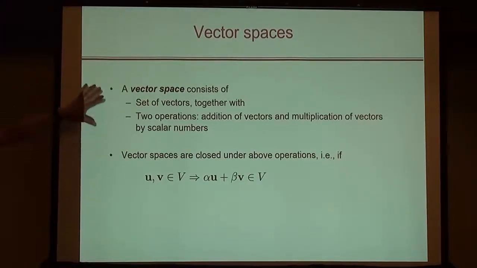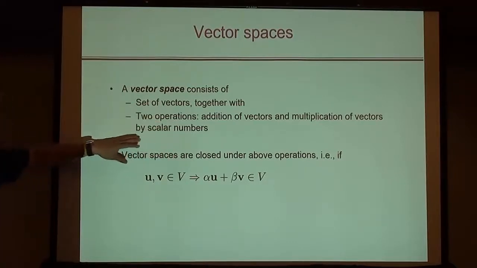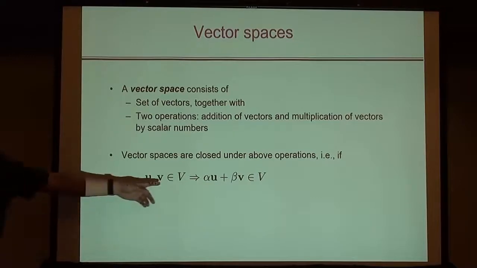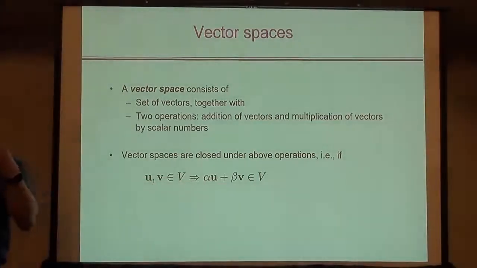This is essentially summarizing what we have talked about. A vector space consists of vectors. If you add two of them, they remain the same. Okay. So if alpha plus beta equal to 1, that will give you the affine space.